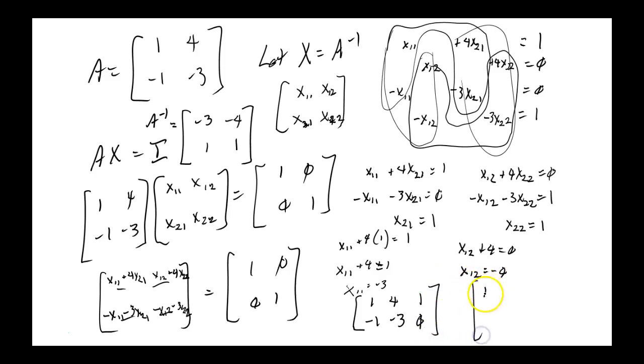Or 1, 4, 0, negative 1, negative 3, 1. And you solve those simultaneously. I mean, just solve them separately. Okay. But guess what?